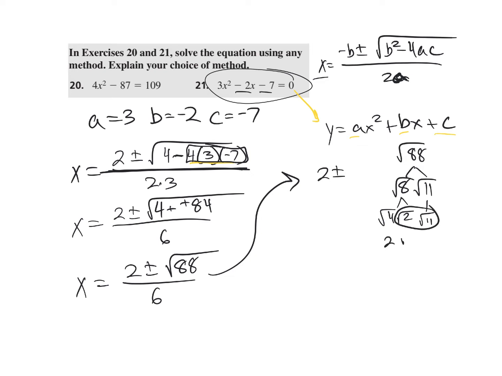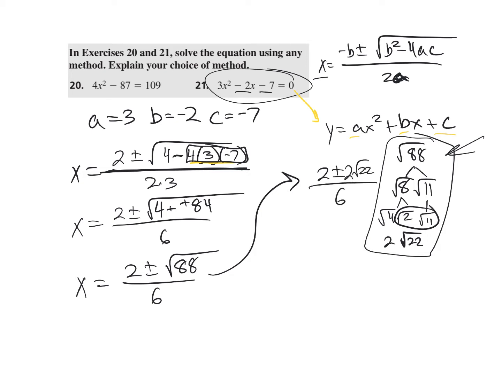And since those don't break apart any further, you put them back together. So I'm teaching this because this is a skill that you must master before you leave this class. It is the most important skill of the whole year. So learn it, do it, suck it up, and get it done. So this is 2 plus or minus 2 square root of 22 all over 6.